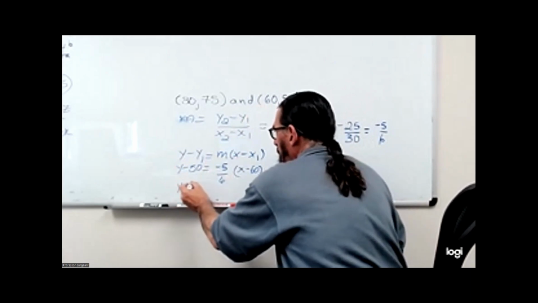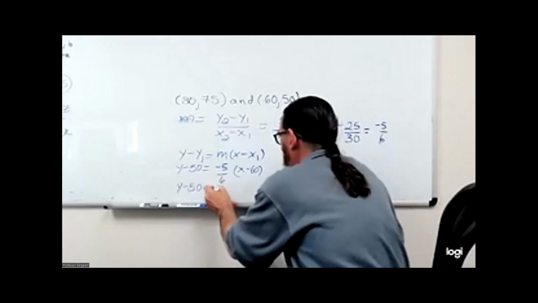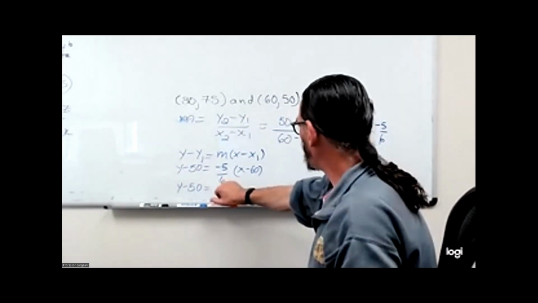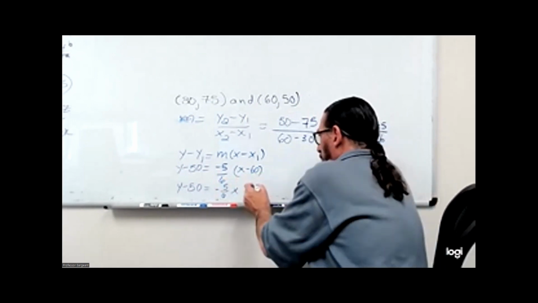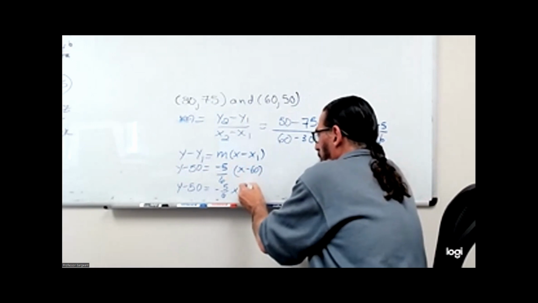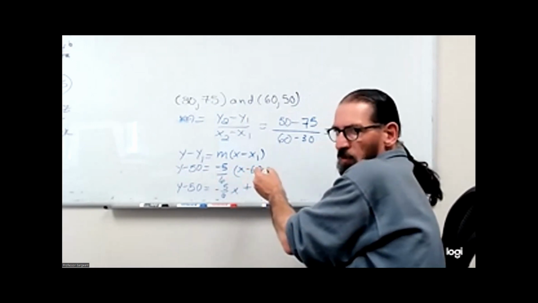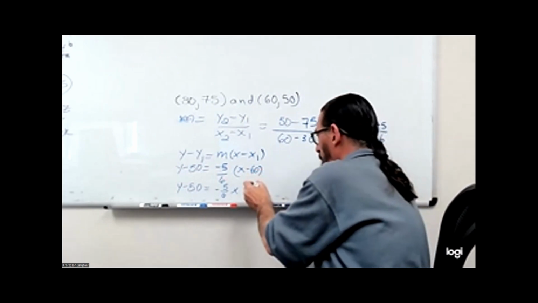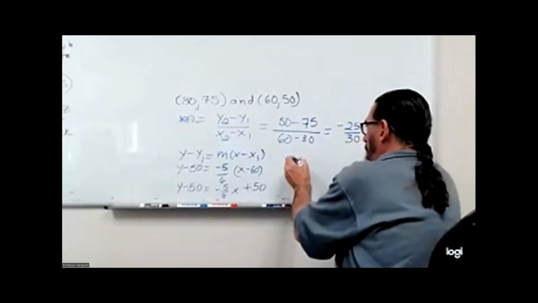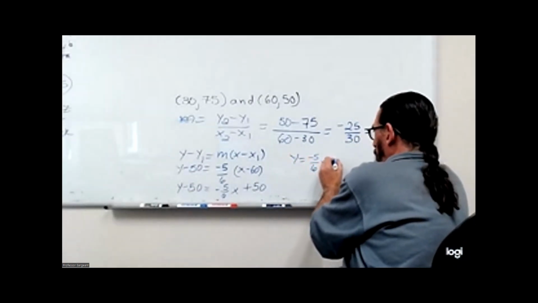Distribute the negative 5/6. 6 goes into 60 10 times. So I'm multiplying a negative times a negative. That'll give me a positive. 6 into 60 10 times. I still have to multiply by the 5. I've already worked out what the sign is. And then adding 50 to both sides, our equation would be y equals negative 5/6 x plus 100.